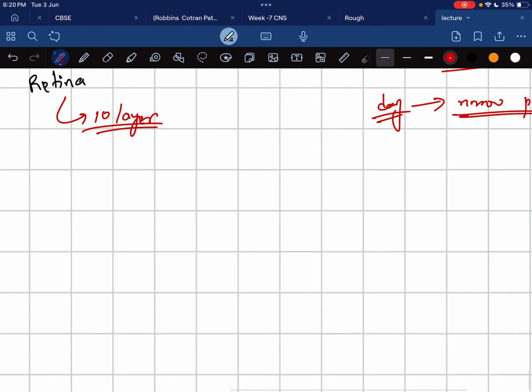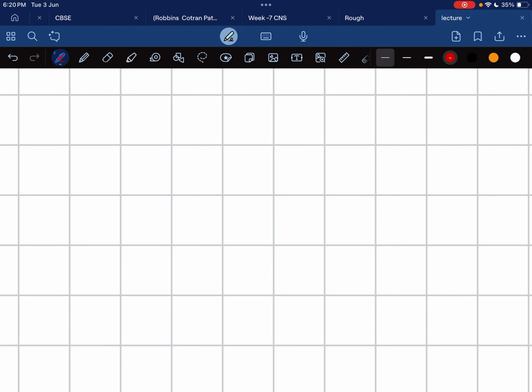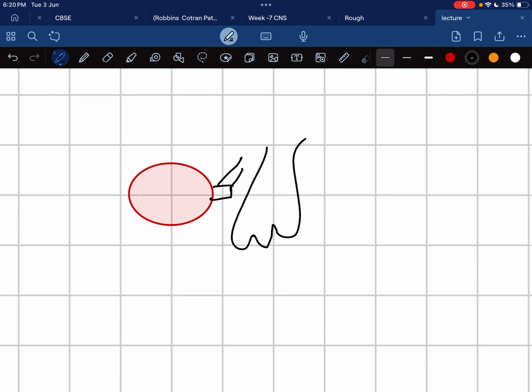Now the movement of the eye. There are some muscles. On the medial, or nose side, there is a muscle known as the medial rectus. On the superior side there is the superior rectus.